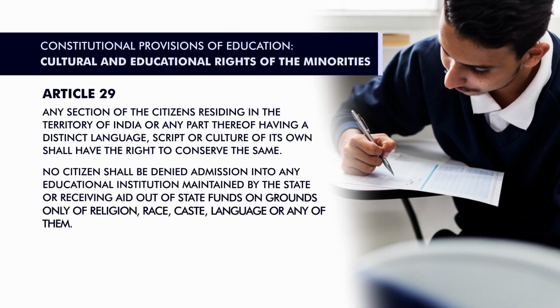Then no citizen shall be denied admission into any educational institution maintained by the state or receiving aid out of state funds on grounds only of religion, race, caste, language or any of them. Try to understand: on the ground of religion, race, caste or language, no child can be denied admission in a state-funded school system.